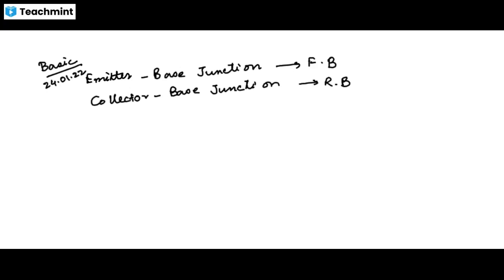Then there are different types of connections: common base, common emitter, common collector configuration, and why they are configured, that we will discuss. Then we will discuss the VI characteristics, and the different types of current components in different configurations, and then do some numericals. So that is for the first transistor chapter. Hope we will complete it in the next class.